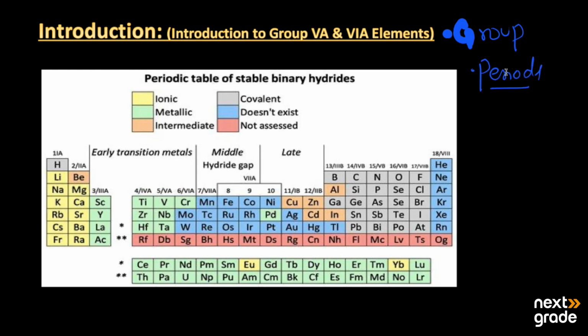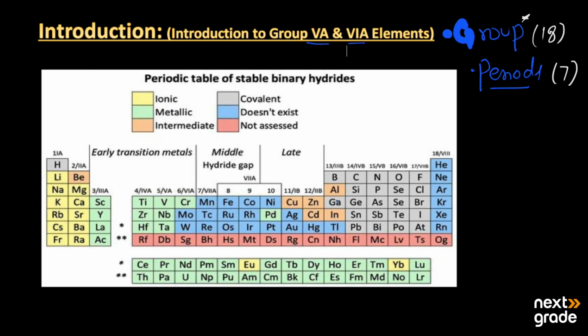Basically, there are a total of 7 periods in the periodic table, and there are a total of 10 groups, each group representing its own specific type of elements. So, here we are going to read just group 5A and 6A.